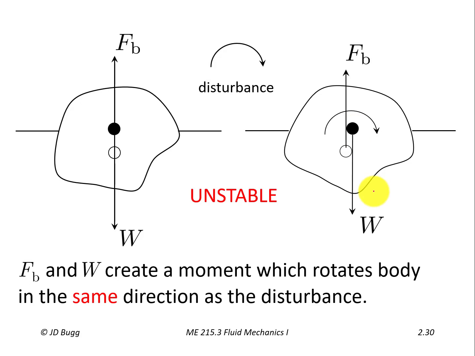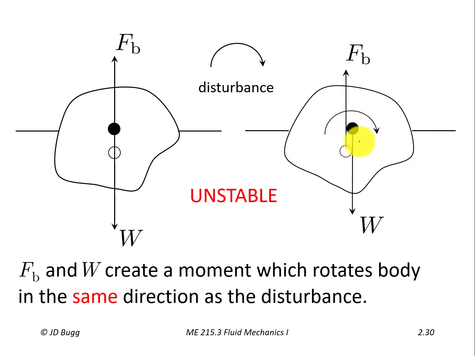So this is just a little discussion of how the shape of an object can have very important consequences to the location of the center of pressure, and likewise the distribution of mass in an object can have very important consequences to the location of the center of gravity.